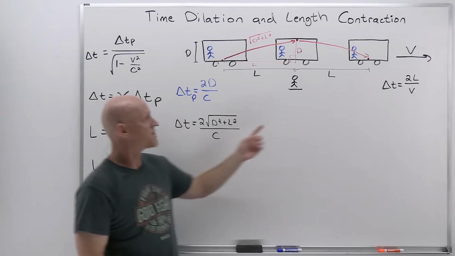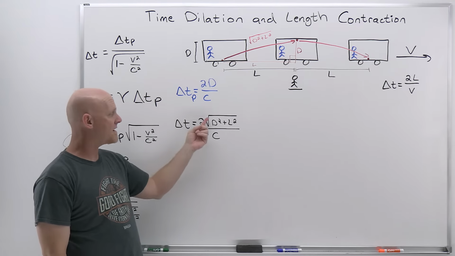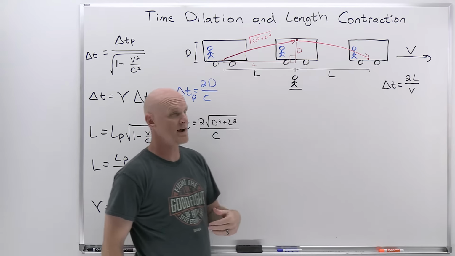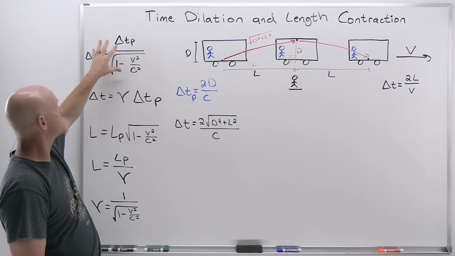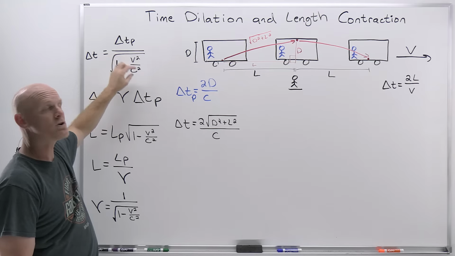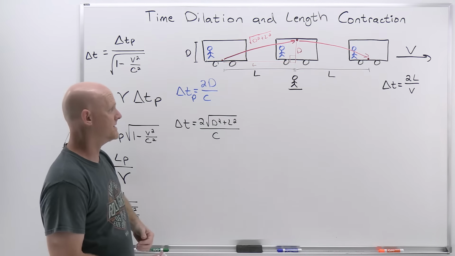And so really, these are both the same expression for time, one expressed in the path and the speed of the light, one expressed in the path and the velocity of the train. But we're going to use them both. Ultimately, we're trying to get to an expression that writes the delta t in terms of delta t proper and just in terms of the velocity of the train and the speed of light. So keep that in mind.